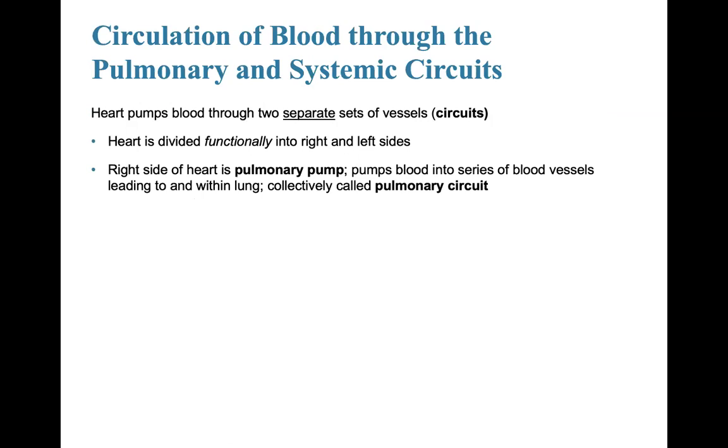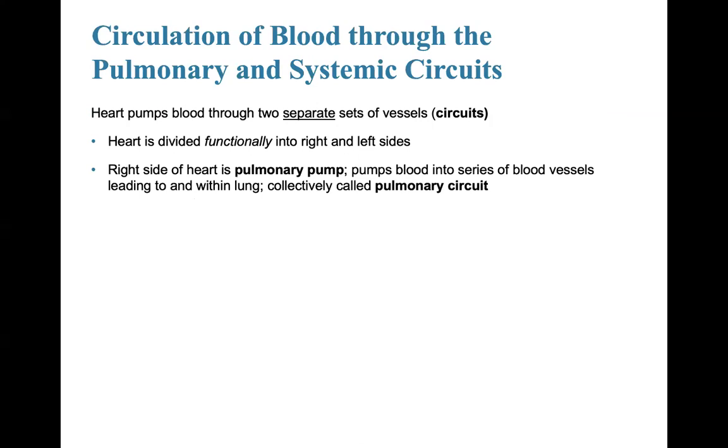Now, the heart itself, although it's a single structure, is functionally going to operate as 2 separate pumps in one. We're going to divide this up between the right side and the left side. The right side of the heart is the pulmonary pump.